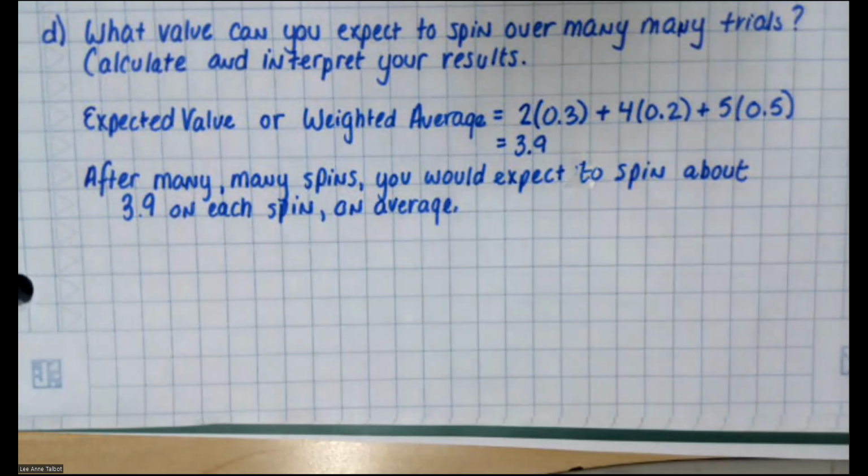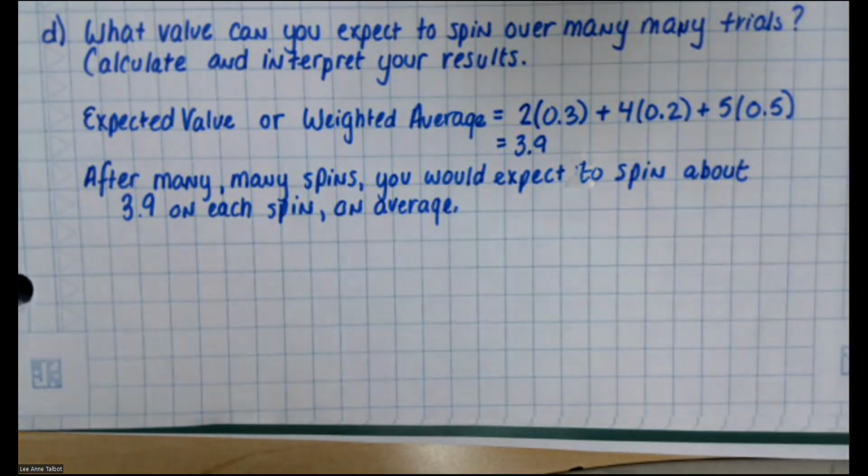So you have to remember that 3.9 is an average of your spins. It's not what you would expect to get on any one spin. It's an average over time. If you were to do spins forever and average all of your spins up.